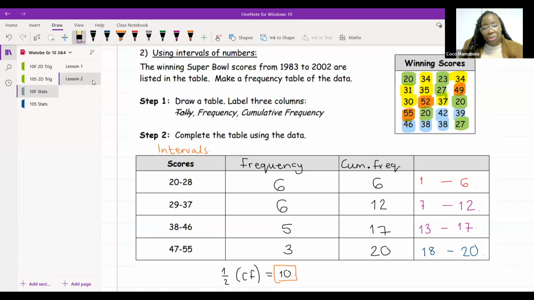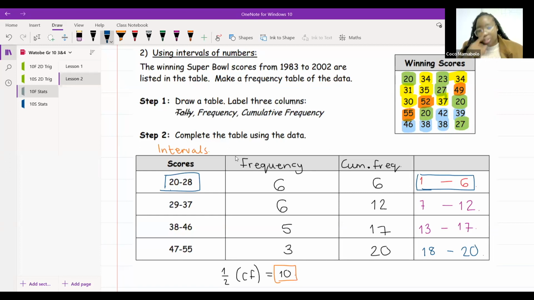So if I asked you, in which interval does the value number 3 fall? It would have to be somewhere here. That number would have to be between 20 and 28, right? The third value would have to be in between 20 and 28 because I can only look for the first and the 6th value in that section.